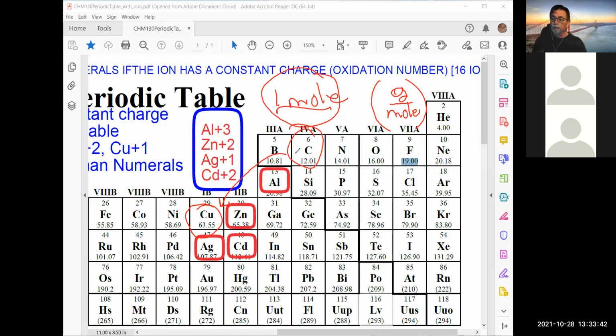Why? Because it's got more protons, remember those, and more neutrons. They weigh more, right? And of course, more electrons, but the weight of electrons is minuscule compared to the weight of the protons and the neutrons. And then I went to the example of gold, which is number 79, and 1 mole of gold will weigh out 196.97 grams.